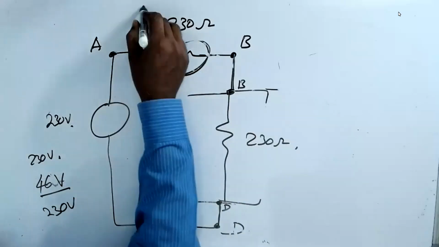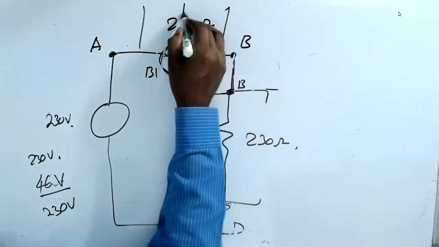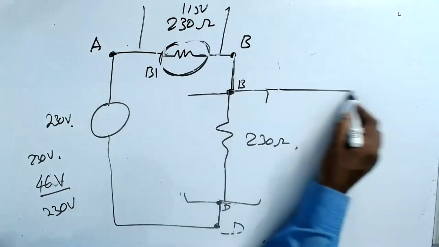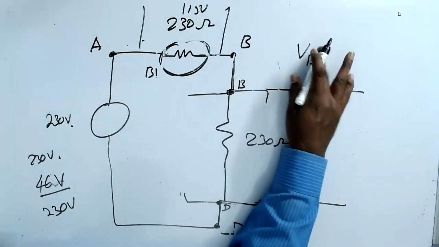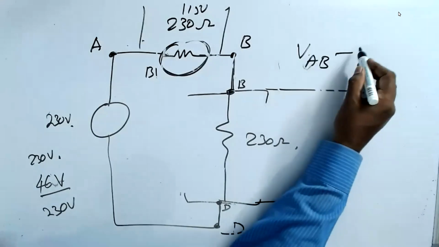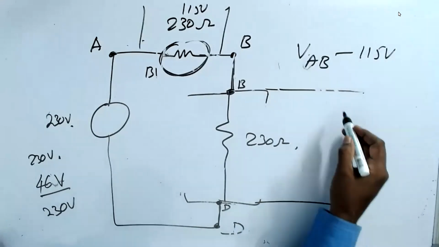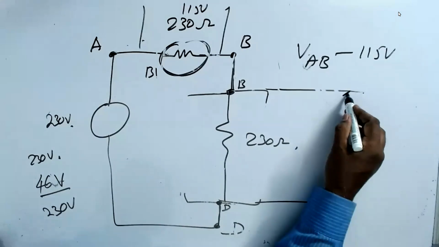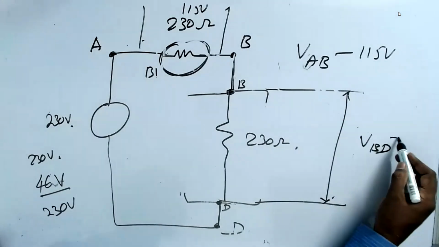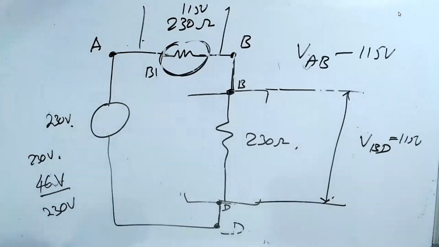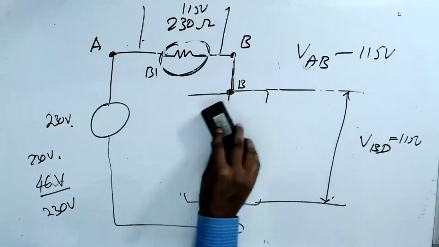So the voltage across this is 115 volts. So VAB, across A and B, is 115 volts. And between B and D, this is 115 volts. Now we expand this.